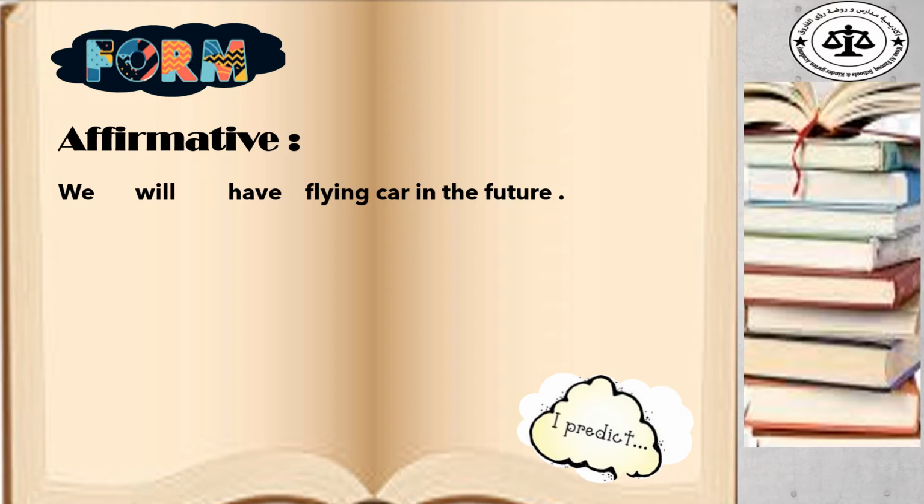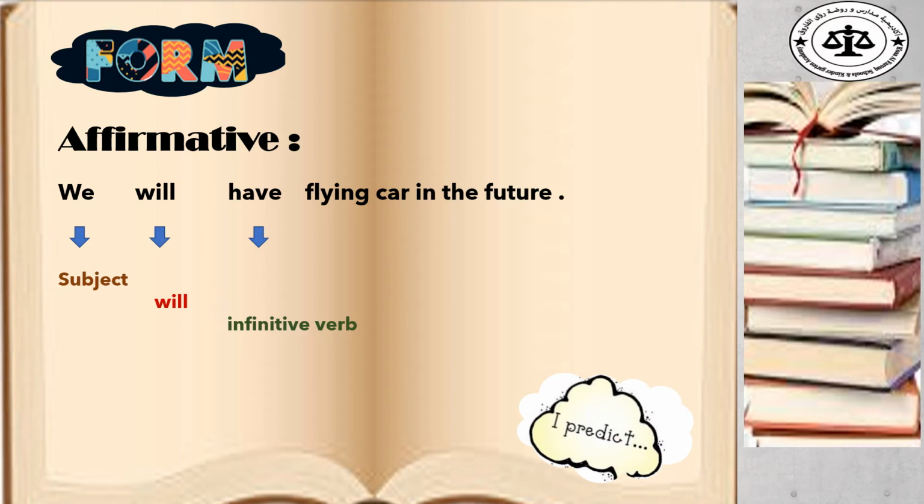We know that in each sentence we have to start by using what? The subject. Excellent. After the subject we have will. Will is always followed by an infinitive verb as we see here. Have is a verb 1.